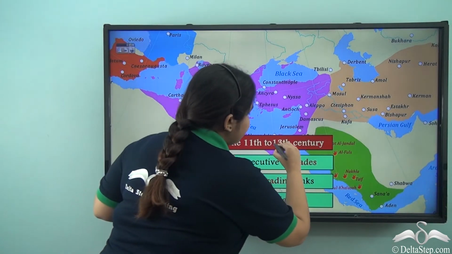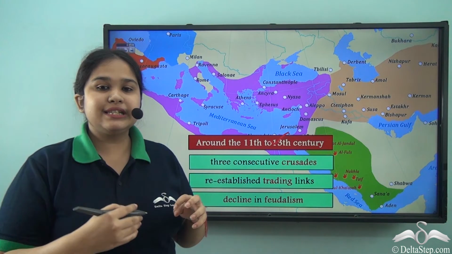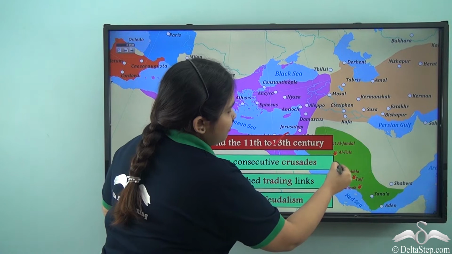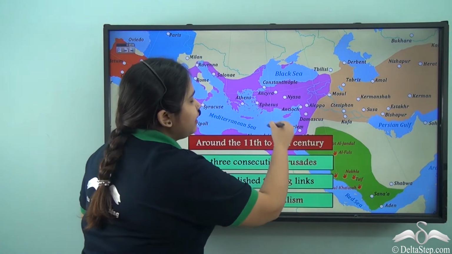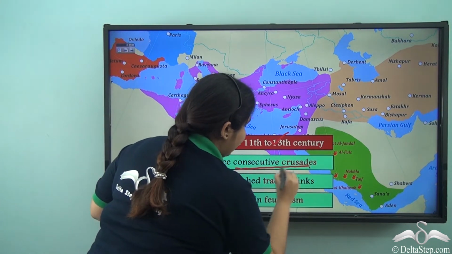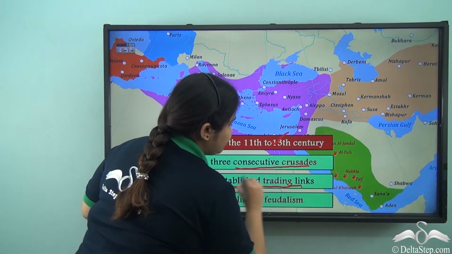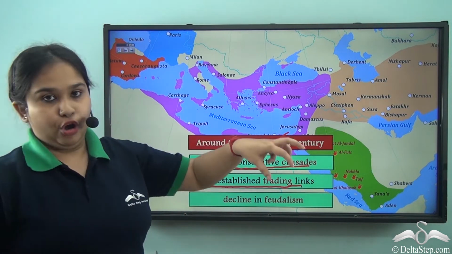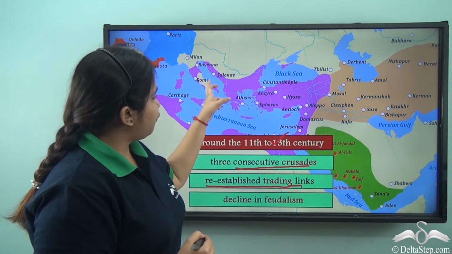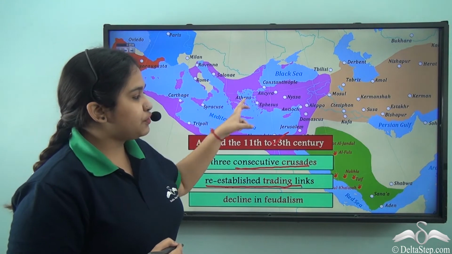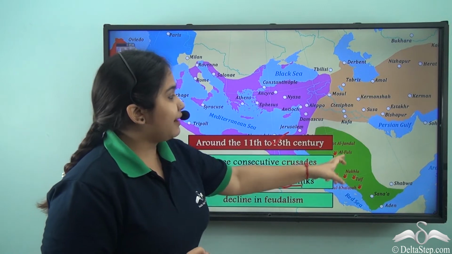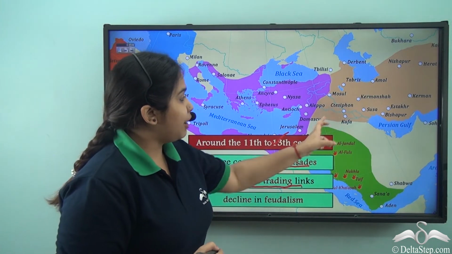Around the 13th century, we had already witnessed three consecutive crusades in the region where the Islamic empires were taking over the area of the Byzantine Empire, and this factor was re-establishing the trading links, because after the fall of the Roman Empire around the 4th century, the routes for the Western side of the Roman Empire had closed for trading purposes, because the Islamic empire had been encroaching upon this area.